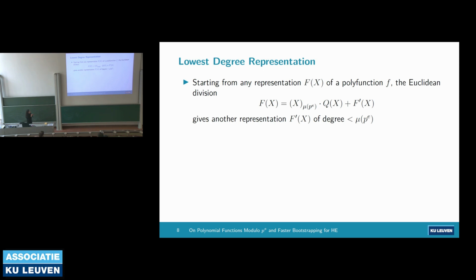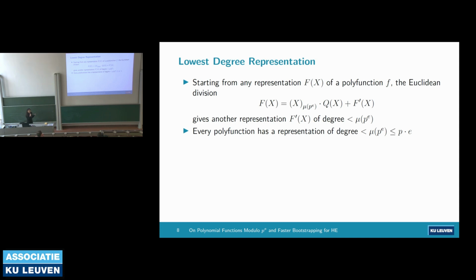The remainder again represents the same function, but it is guaranteed to have degree lower than mu. In other words, this trick gives us an upper bound for the lowest degree representation of any polyfunction.